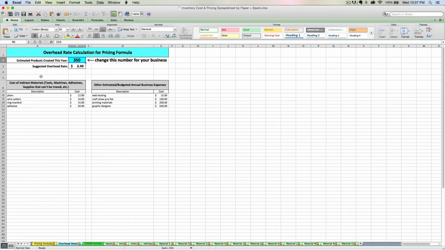That'll give you a higher number, theoretically, and a more conservative overhead rate. But I like using estimated products created because my thought process is that eventually, hopefully, all the products you create will eventually sell. So you want it to be in every product's price formula.